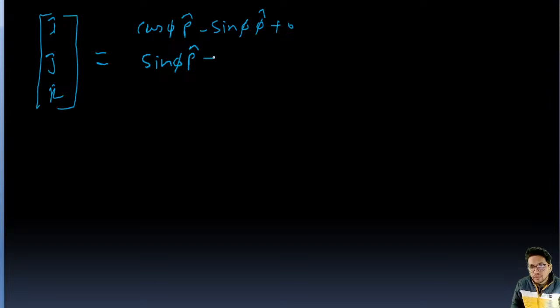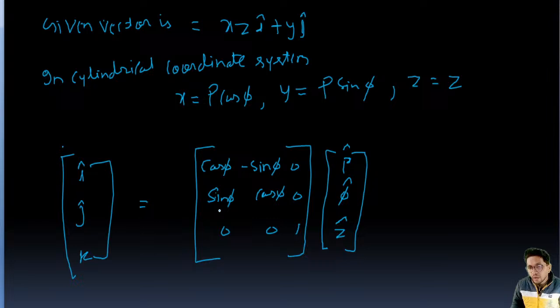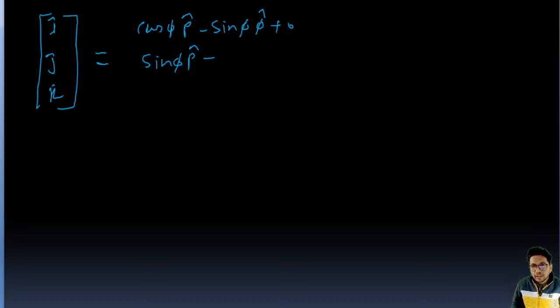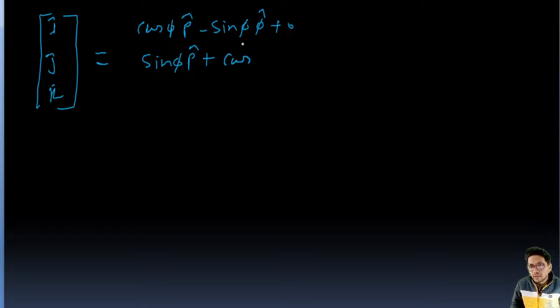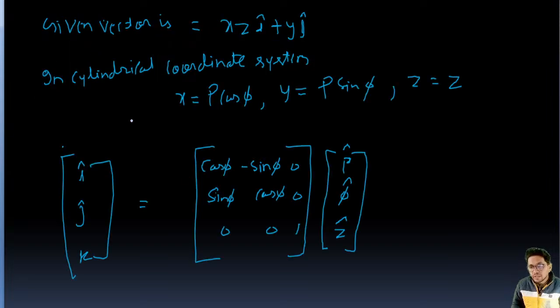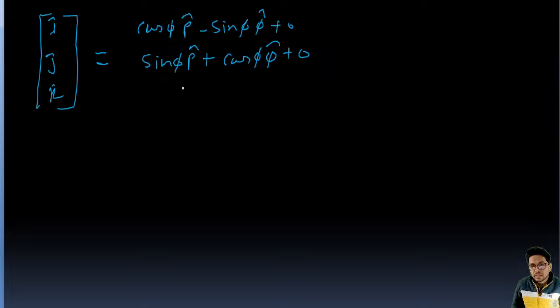I hope you know the matrix multiplication: this row with this column, then this row with this column, then this row with this column. And then 0 plus 0 plus z cap.